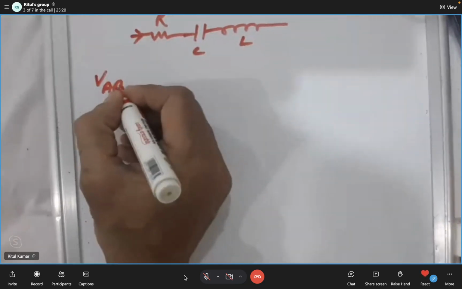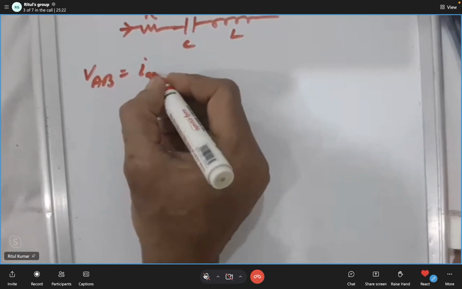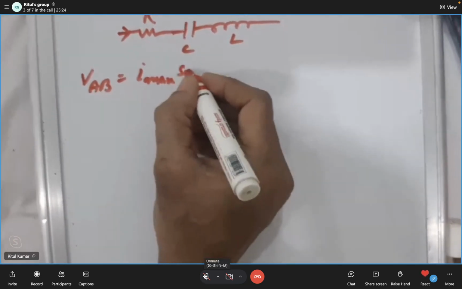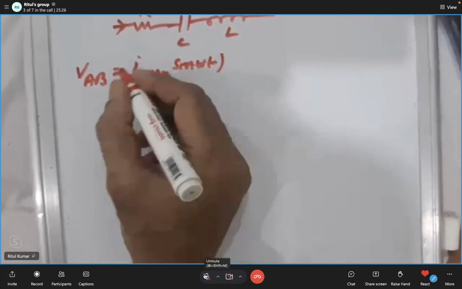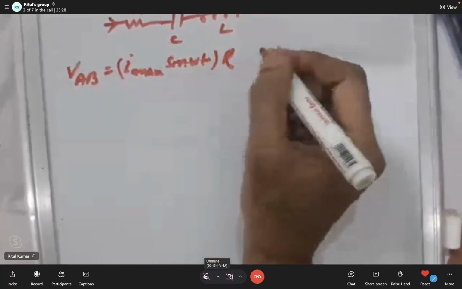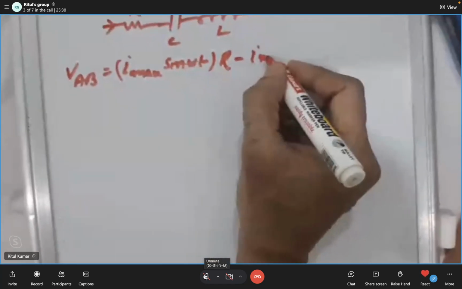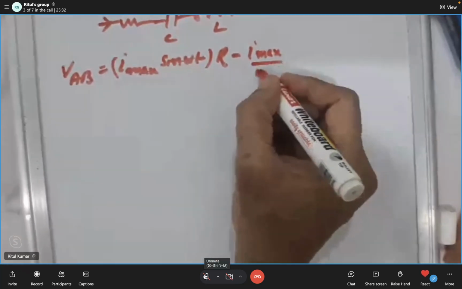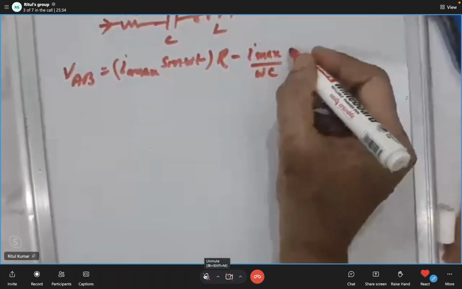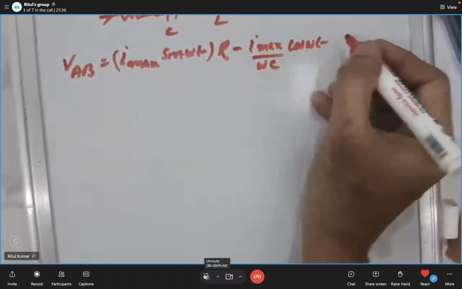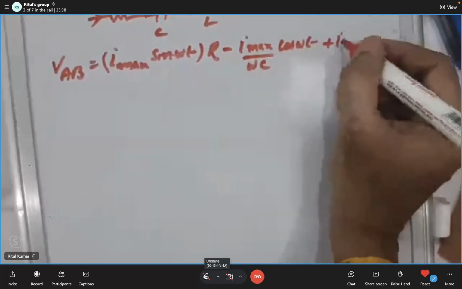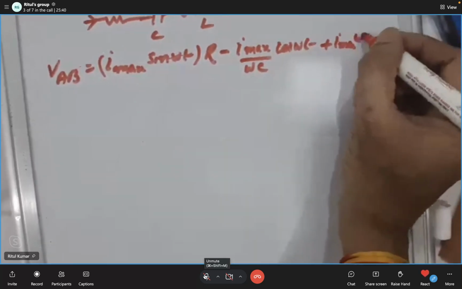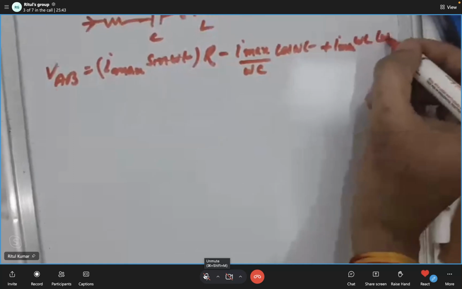VAB, tell me what it will be. First will be Imax sine omega t into R, first part. Then we'll get minus Imax by omega C, and this was cos of the angle omega t. And finally plus Imax omega L, again cos of the angle omega t.